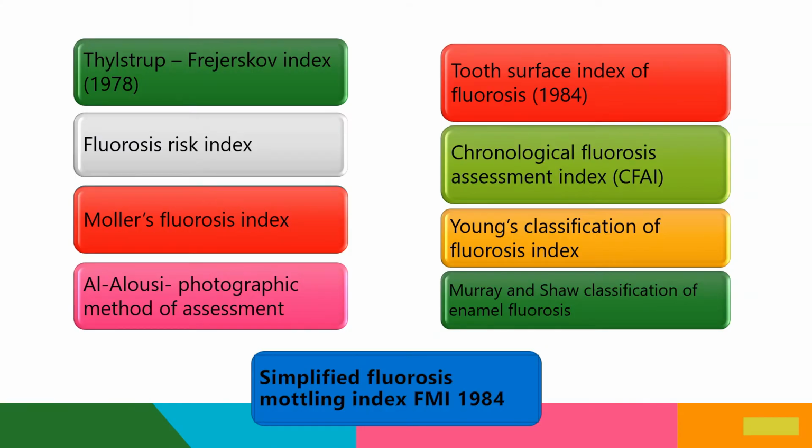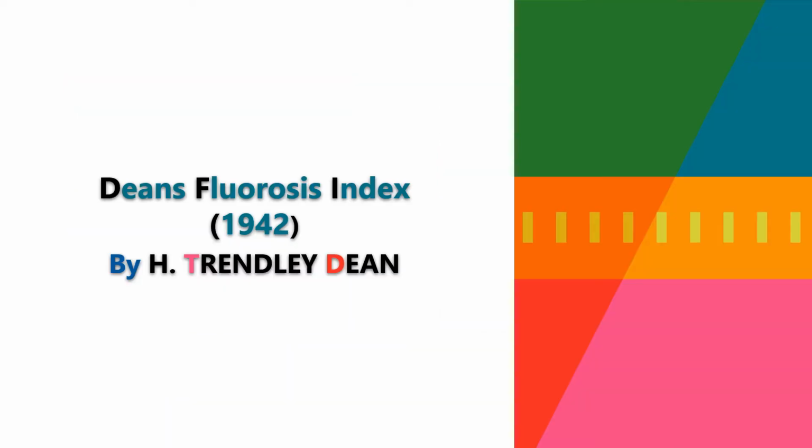Other than Dean's fluorosis index, there are several other indices given. Dean originally classified mottled enamel ranging from 0, that was normal, to severe 7. So this was a 7-point scale. Later, he merged moderately severe and severe as one category and defined it as severe, and converted his 7-point scale into a 6-point scale.